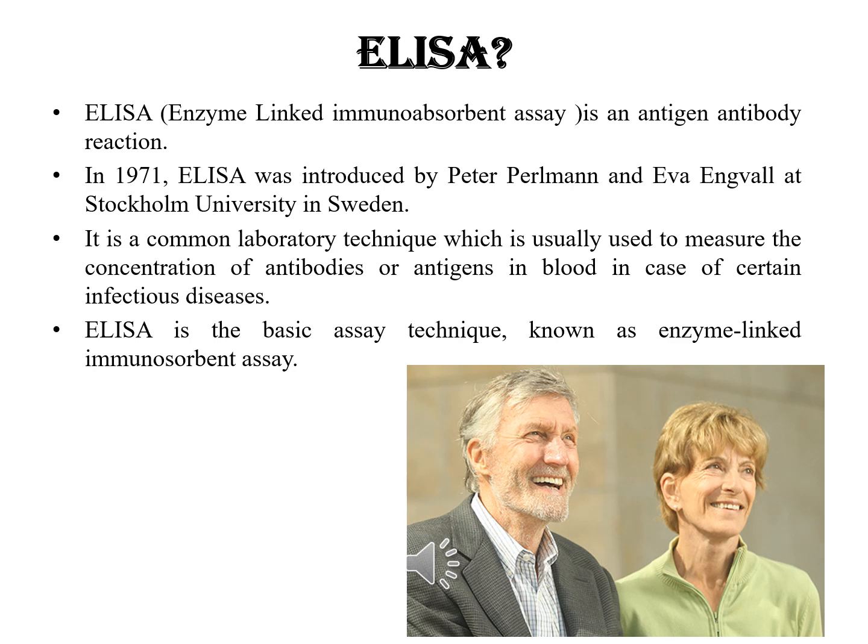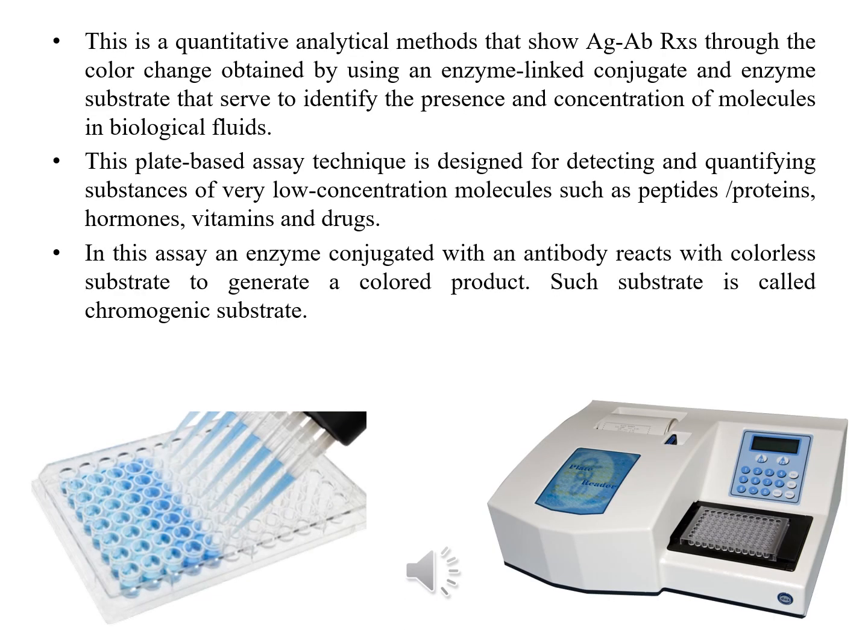ELISA is the basic assay technique known as enzyme-linked immunosorbent assay. This is a quantitative analytical method that shows antigen-antibody reactions through the color change obtained by using an enzyme-linked conjugate and enzyme substrate, which serves to identify the presence and concentration of molecules in biological fluid.